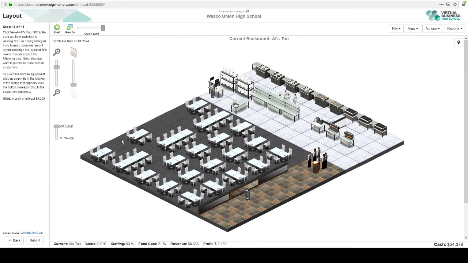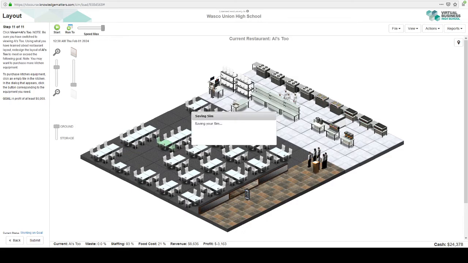Okay. We could do 1 table for 6, 1 table for 8. And if we need more, we can do more.